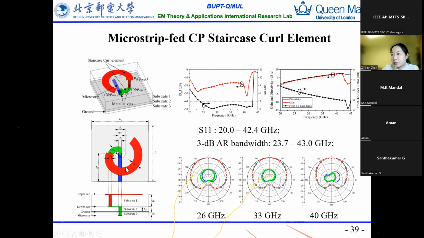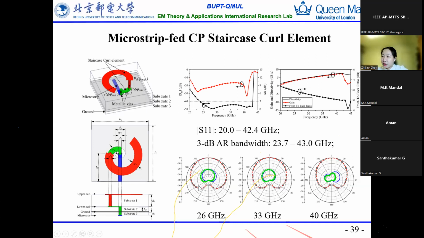For these structures, you can see its impedance bandwidth is very wide, and it also has a very wide axial ratio bandwidth. But its radiation pattern is not very stable. You can see it increases with the frequency, but it has a good bandwidth. This instability we will fix later by constructing the array.